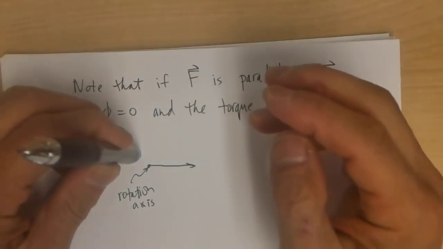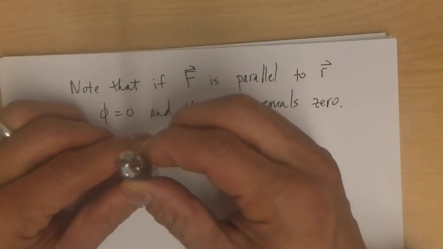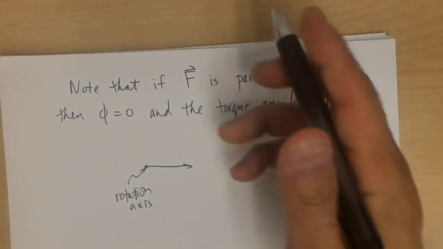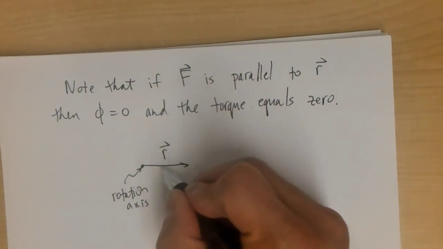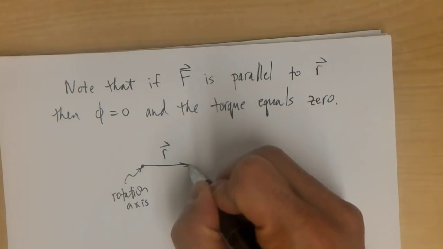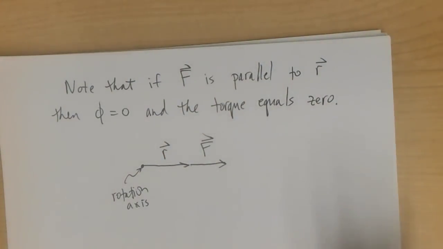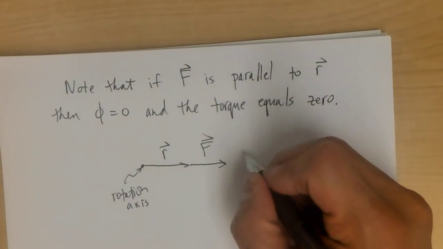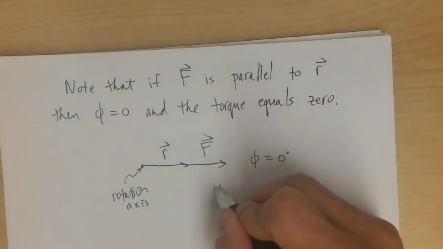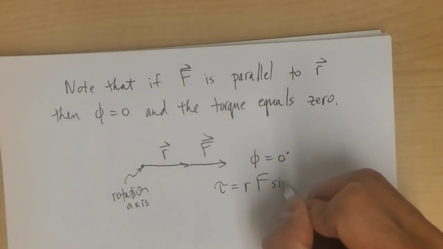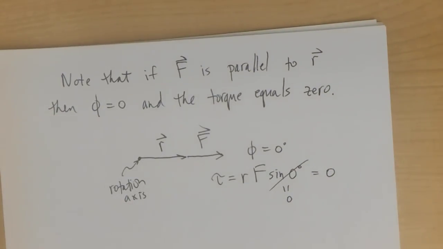Remember, we're looking at it dead on, so the rotation axis is just this line that's coming out at your eye. And this is my lever arm, going from the rotation axis to where the force acts. But let's say the force acts in the same direction as R, parallel to R. Then the angle between these two, phi, is equal to 0 degrees, and so tau is equal to R times F times the sine of 0 degrees, but the sine of 0 degrees is 0. So there's no torque.